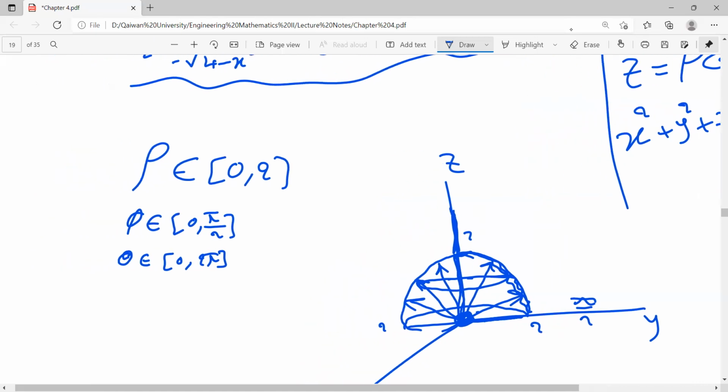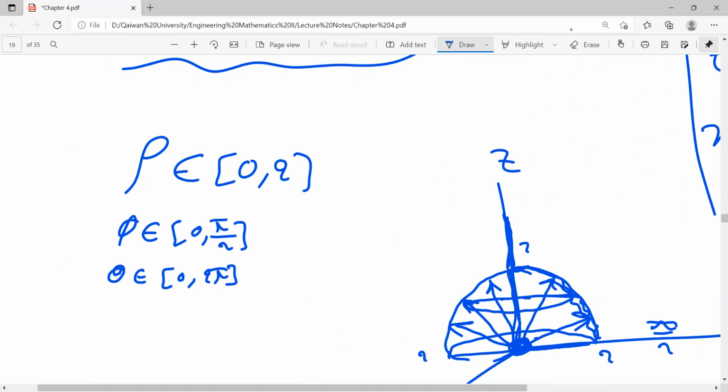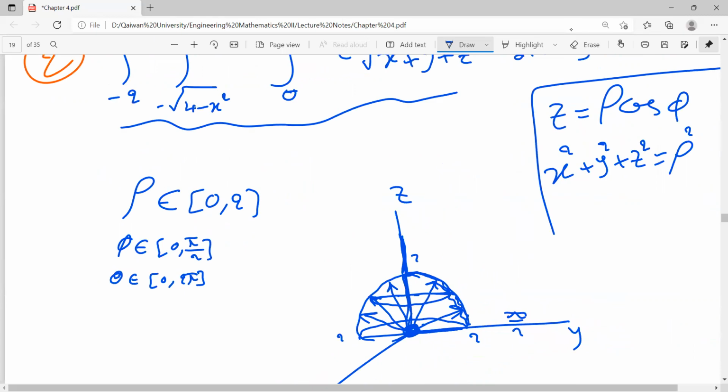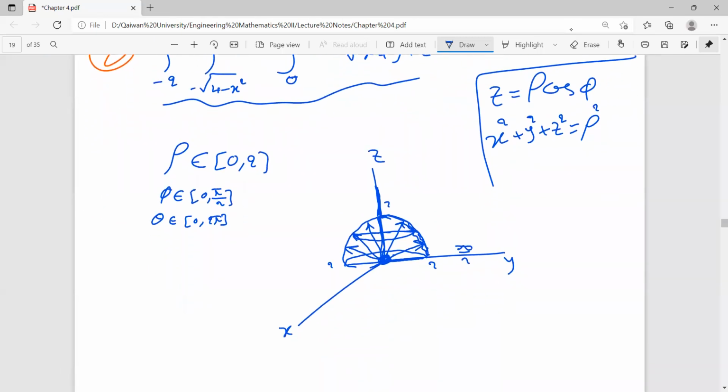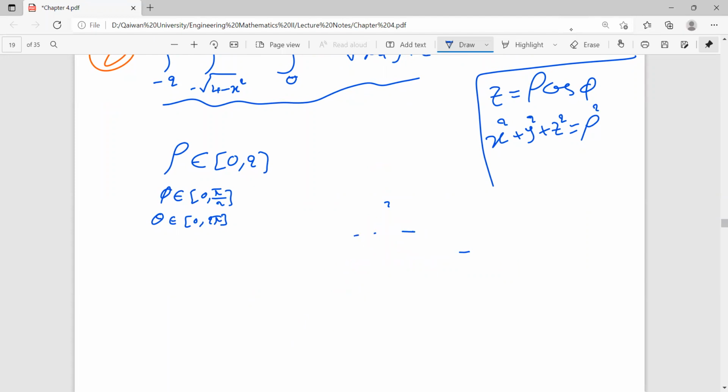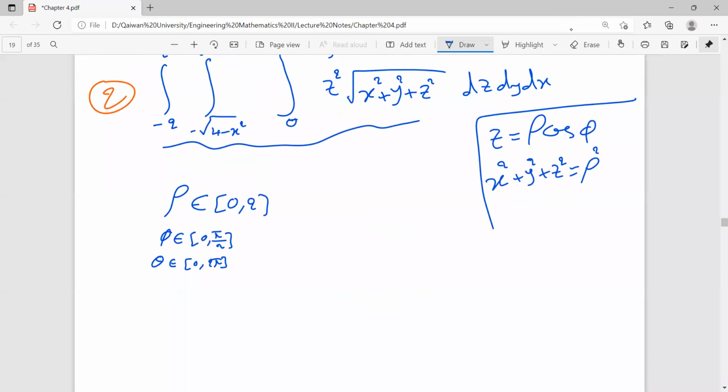That means here we found all the limits for the integration with respect to rho, with respect to phi, and with respect to theta. We found these three. Now we are going to write down the triple integral in spherical form. We don't need this anymore because we found the limits.